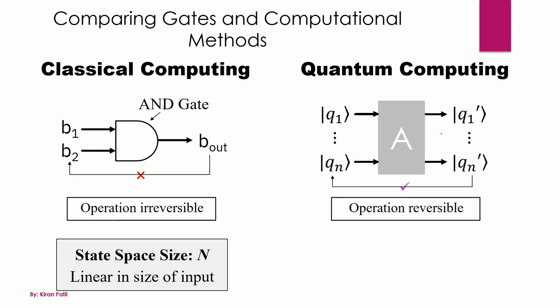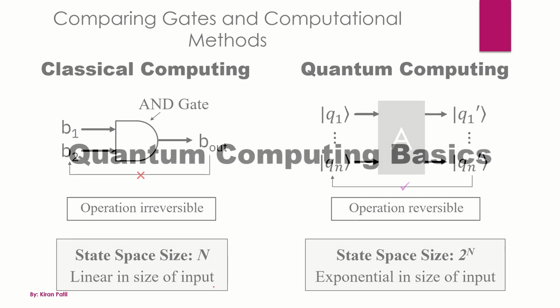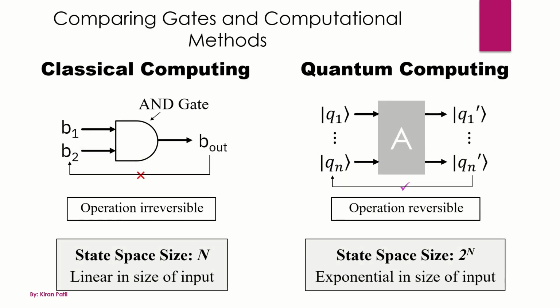Now, the state space size required in classical computing is n, which is linear in the size of input, but the state space required in quantum computing is 2 raised to n. It is exponential in the size of input, right? This is because the representation of the qubit is in the form of a matrix, as we have seen.